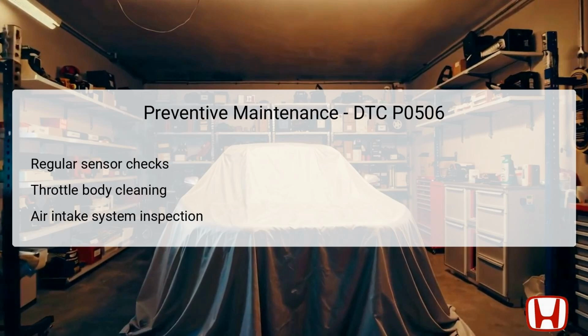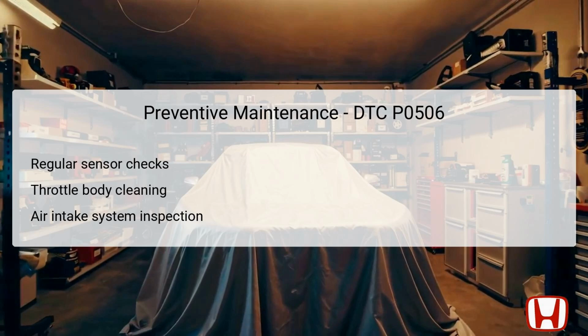Preventive maintenance plays an essential role in ensuring the long-term functionality of the idle control system in Honda Accord models prone to DTC P0506 issues. Regular checks of various sensors, including the APP and TP sensors, can help catch issues early before they escalate.